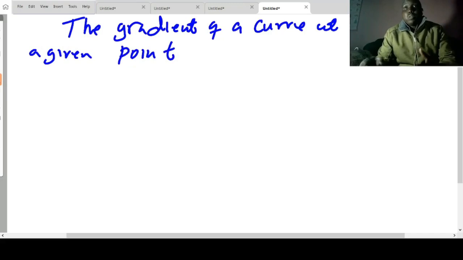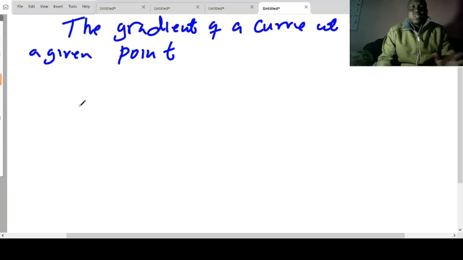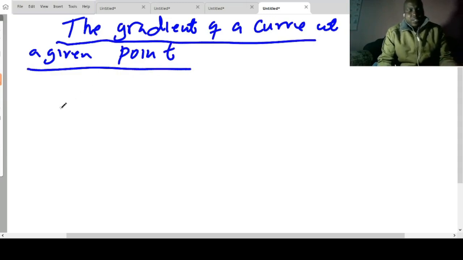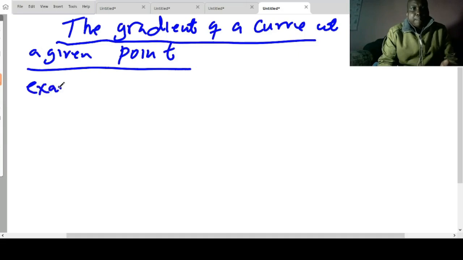Y is equal to blah blah blah at the point 2, 3, at the point negative 1, 4. So point negative 1, 4 is the point, and the curve you will be given. To get this is a very simple task for us to do. I like using examples to explain things which are important, so I will use an example.